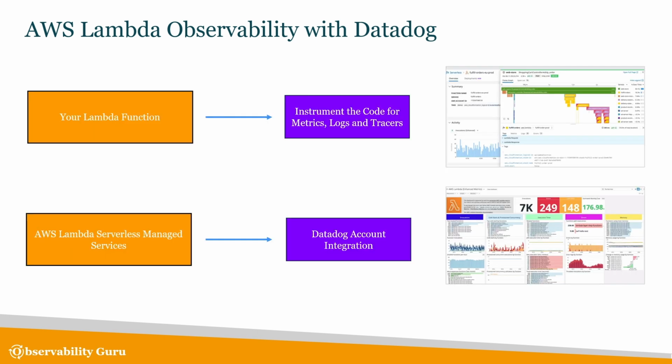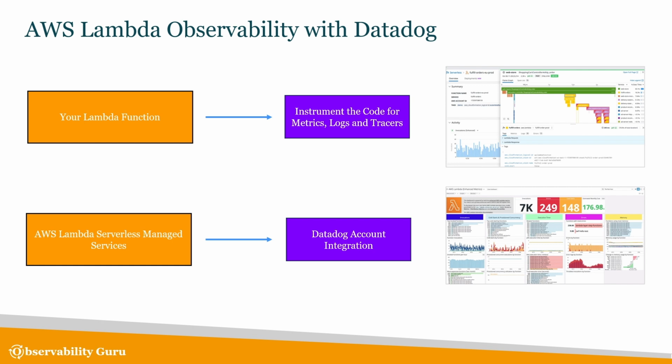So just to start, there are a couple of ways we can enable observability for AWS Lambda. One of the first things is, for your AWS Lambda functions, you want to enable metrics, logs and traces. That is pretty much enabling observability for the piece of code which you have written.